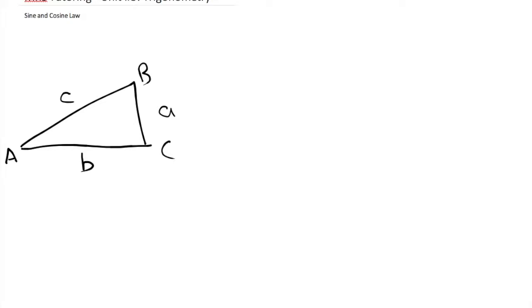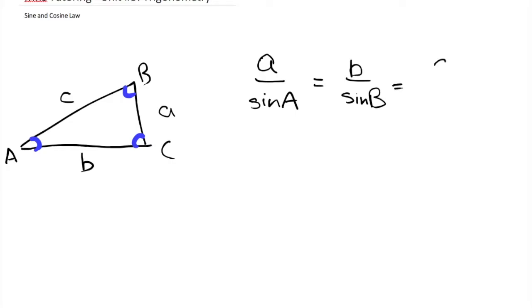Now, the sine law works as a ratio comprised of all the different angles to all the different sides. Before I get into the sine law, I'm just going to mention that this is angle A, this is angle B, and this is angle C. So the sine law states that in any triangle, side A over sine of angle A should equal side B over sine of angle B, and side C over sine of angle C. So that is the sine law when you are used to solve for missing sides.